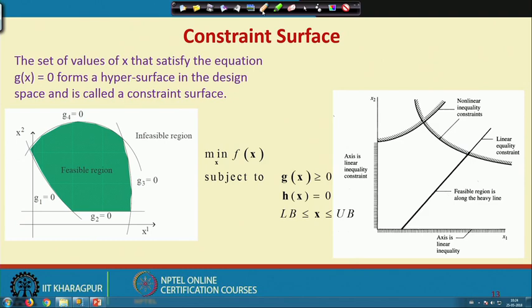But in the presence of an equality constraint, the feasible region is along this heavy line which represents the equality constraint. So, we must find the optimal solution along this line which is within the feasible region. But since the optimal solution has to satisfy both equality and inequality constraints, it has to lie on the heavy line which represents the equality constraint.